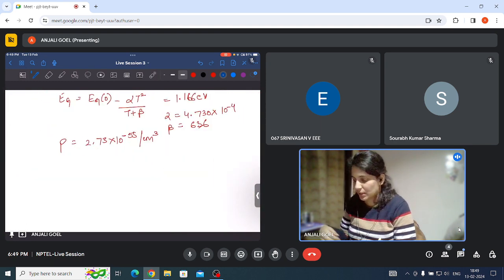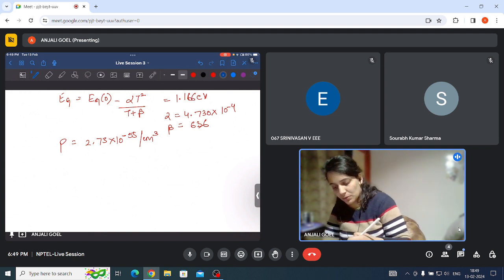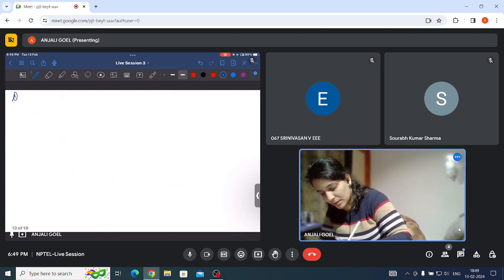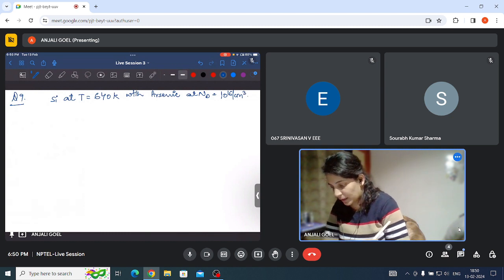If you have any doubt, you can ask. Okay, now a similar question as the previous one, but silicon is at temperature 640 Kelvin with arsenic at Nd is equals to 10 raised to power 16 per centimeter cube. So you have to again repeat.